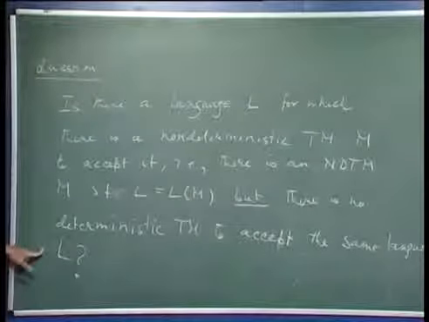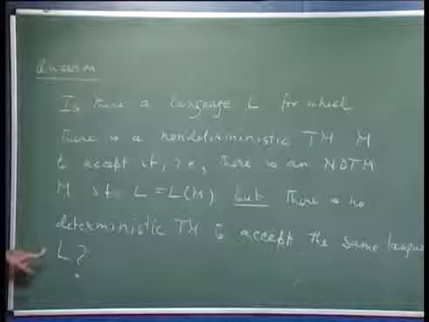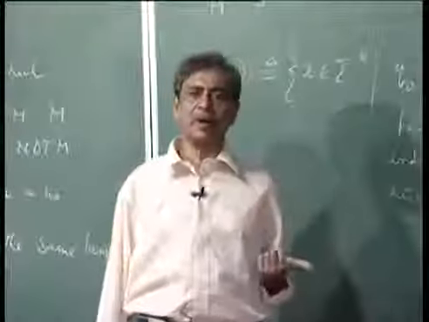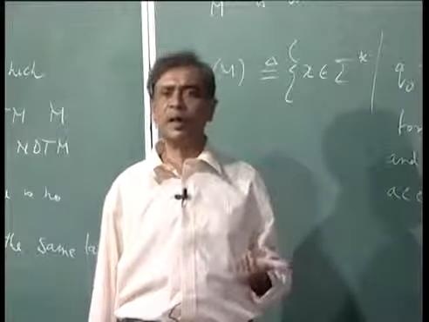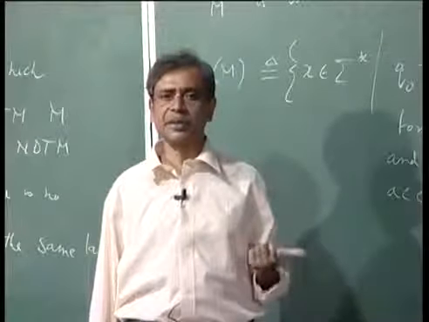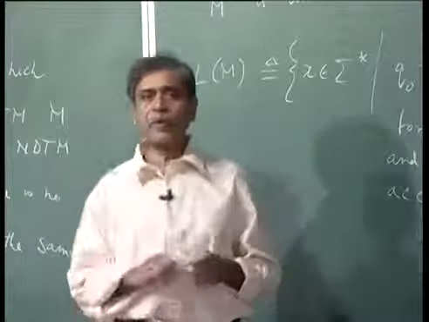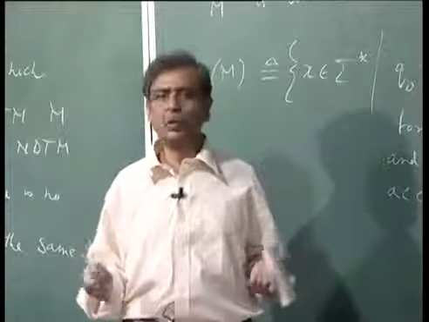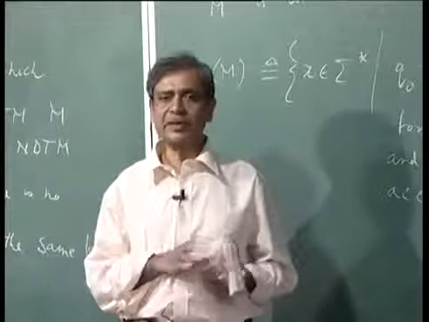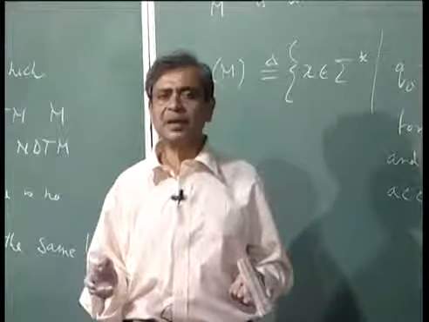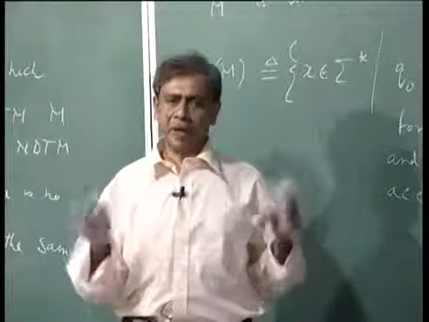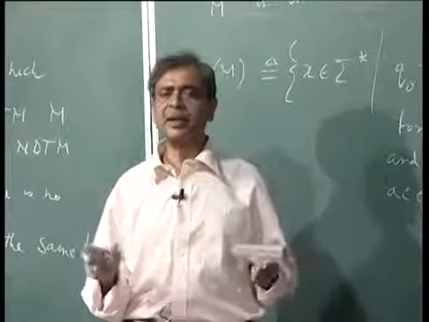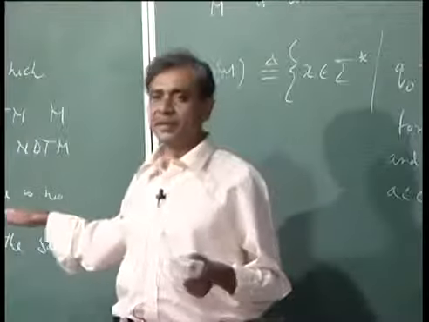If the answer to this question is yes, then non-determinism indeed adds extra recognition power over deterministic Turing machines. And if the answer is no, non-determinism will just be a convenient tool to express some languages, to express some algorithms, but whatever it does in terms of language recognition could be done by a deterministic machine.